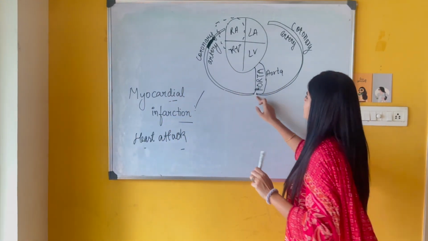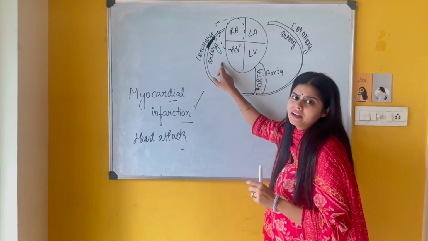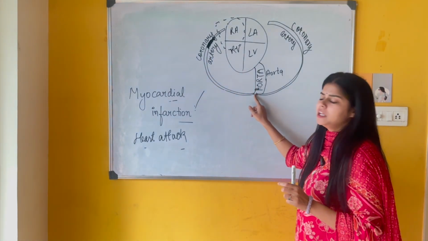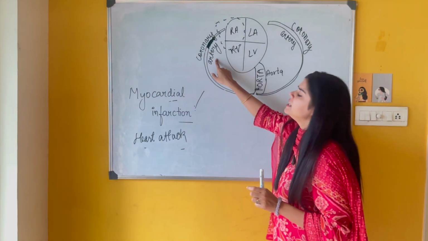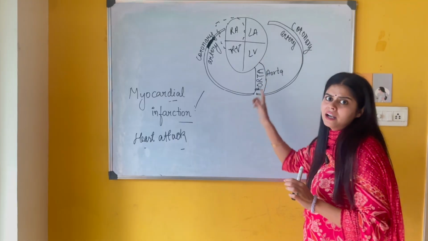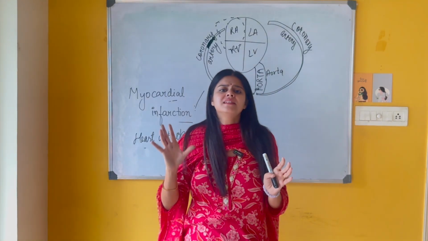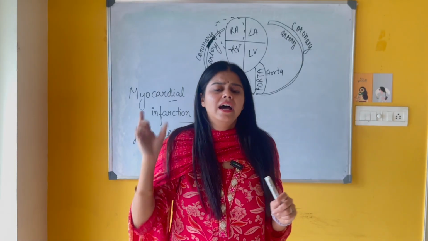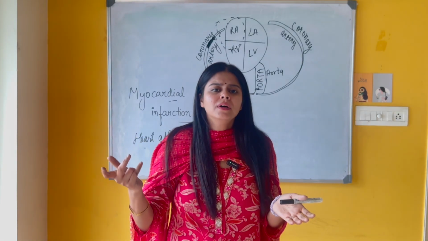This branch is called coronary artery. Coronary artery arises from the base of the aorta, and coronary artery is the one which supplies oxygenated blood to the walls of heart. So which blood vessel is supplying oxygenated blood to the heart? Coronary artery. And coronary artery comes from aorta.